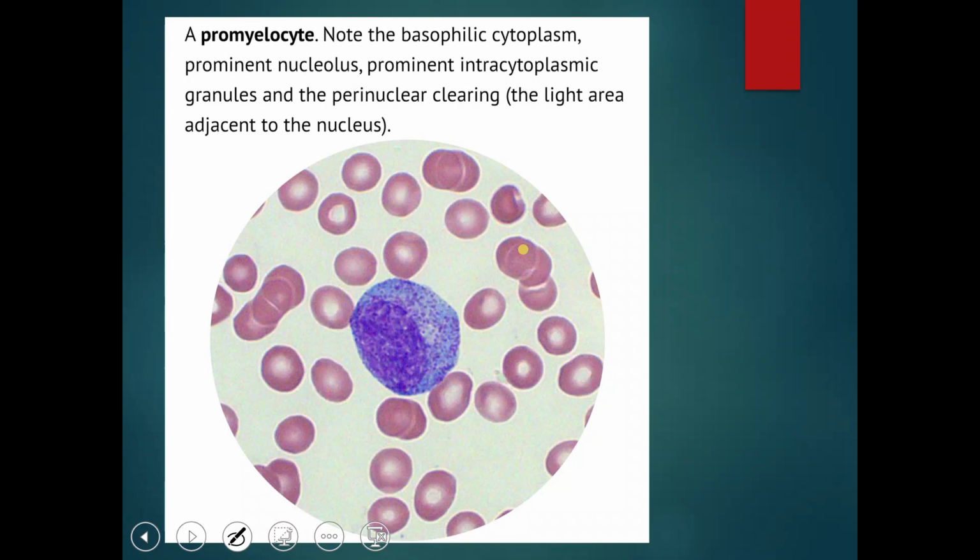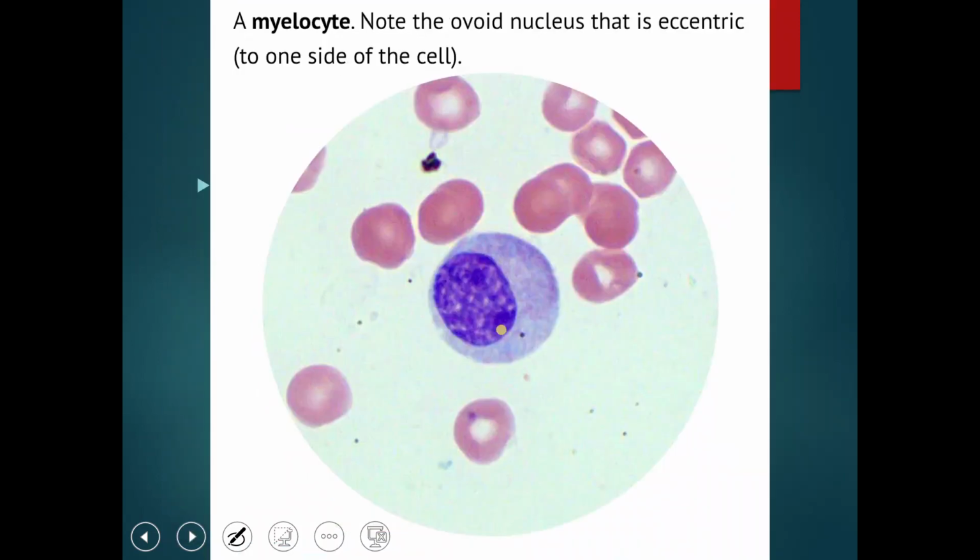Now coming to the various immature neutrophils seen in septicemia. I'll go through various immature forms of neutrophils, starting from the promyelocyte. This is a promyelocyte, which is a large neutrophilic precursor, and it has prominent intracytoplasmic granules, and it has a perinuclear clearing also. Then coming to the next one, this is a myelocyte.